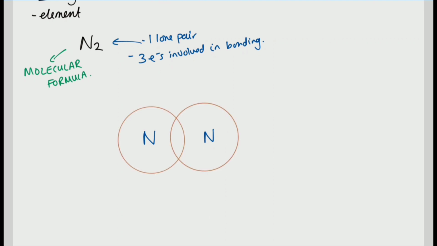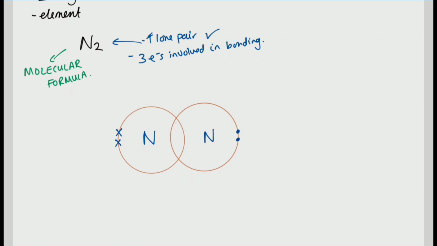So we draw the outer shell electrons. Let's add the lone pairs first. There'll be 1 lone pair on each nitrogen atom, so we can draw that in here. Crosses for the first nitrogen atom, dots for the second. So we've added the lone pair. Now we need to add the 3 electrons.